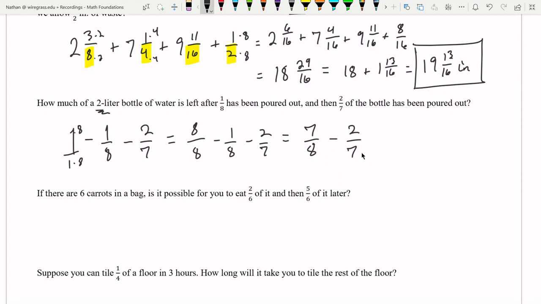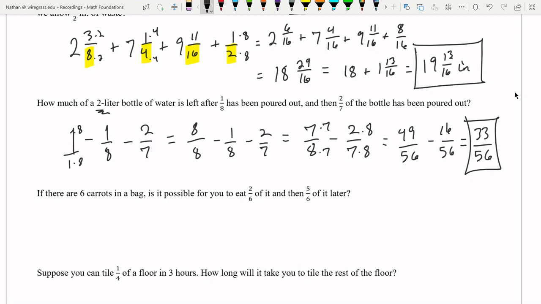There's no common factor there, so there's no way I'm going to have a different common denominator, a least common denominator, other than 8 times 7 and 7 times 8. 7 times 7 is 49. 8 times 7 is 56. 2 times 8 is 16. 7 times 8 is 56. 49 minus 16 is going to be 30 and 3, so 33 over 56. That's how much of the bottle, the 2-liter bottle of water, is left over.